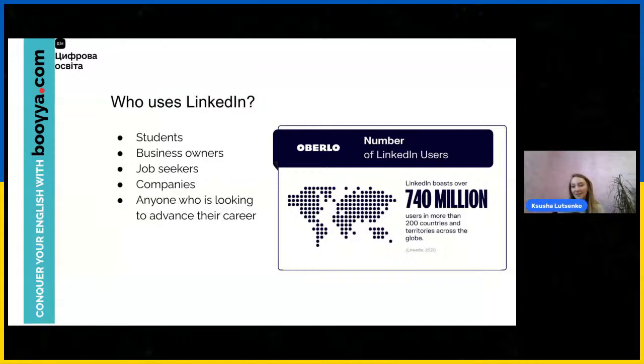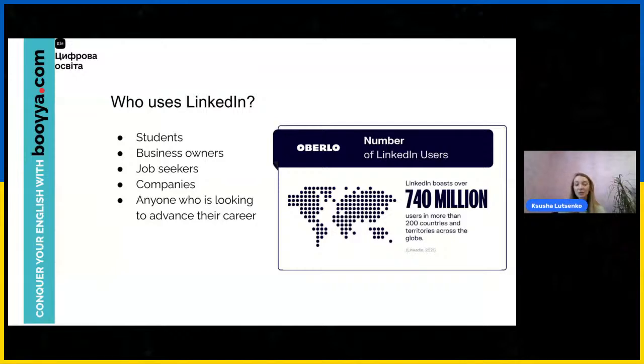Well, honestly, I guess everybody who wants to find a new job, who wants to advance their skills, or who wants just to be aware of the latest news connected to their field or sphere they're working in, you definitely need LinkedIn. So basically, business owners and companies do use LinkedIn almost every day in order to find new employees.